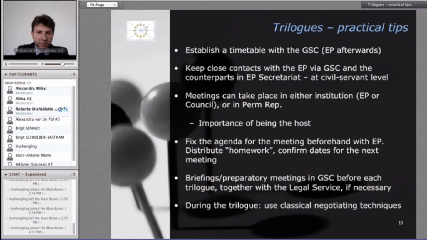It may happen, but usually the Council and the Parliament start to negotiate before the European Parliament adopts its first position. In order to have a first reading agreement, you already know that we need to have the same text adopted by the Parliament and by the Council. So it means that once the European Parliament adopts its position, it has to be comfortable for the Council. Okay, so they need to discuss before the adoption.